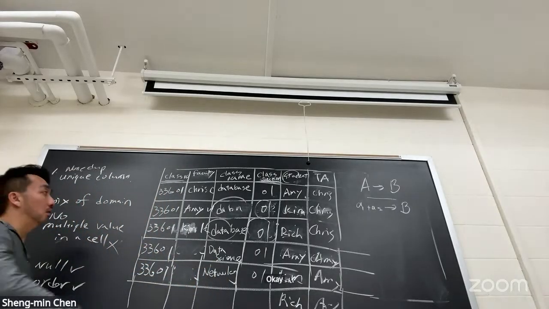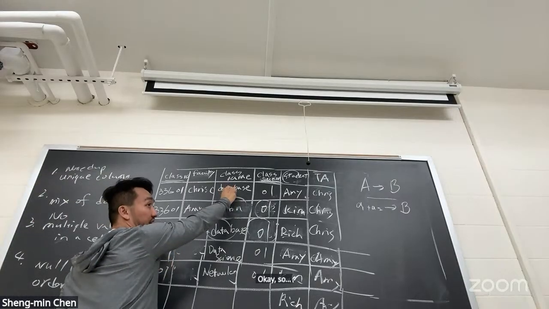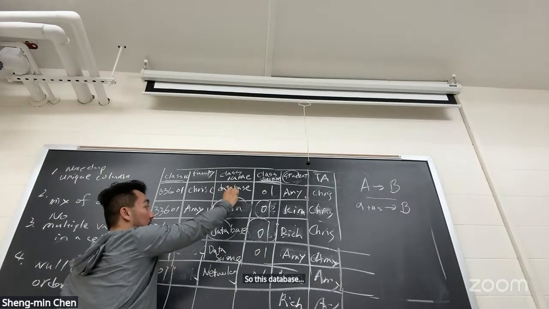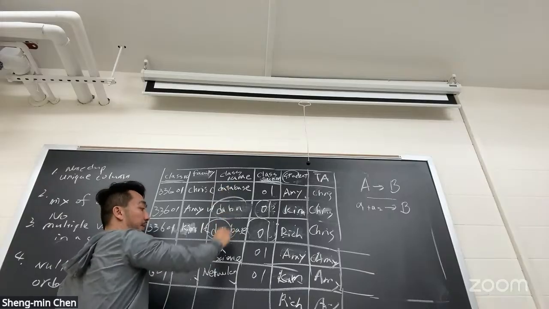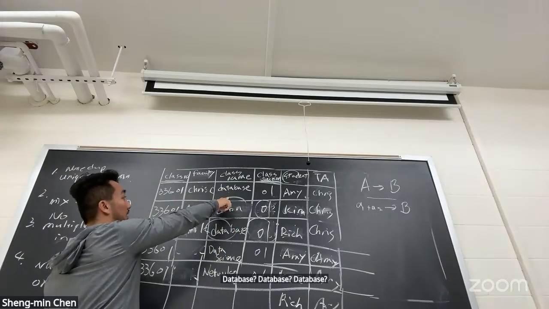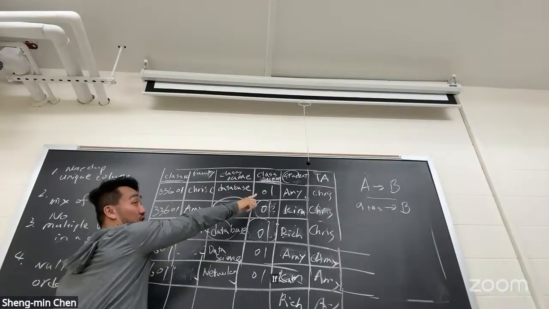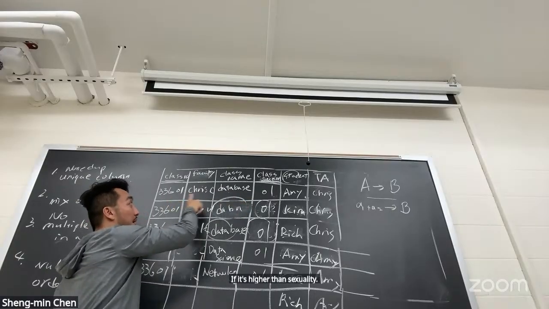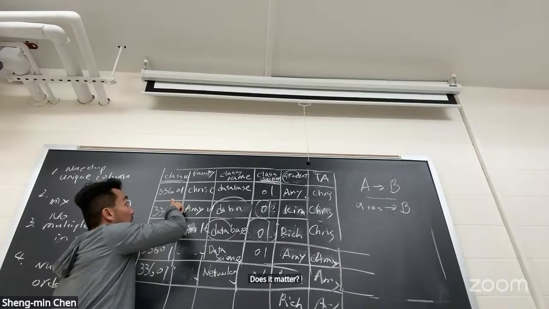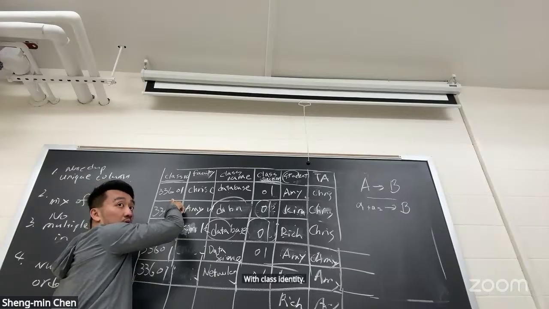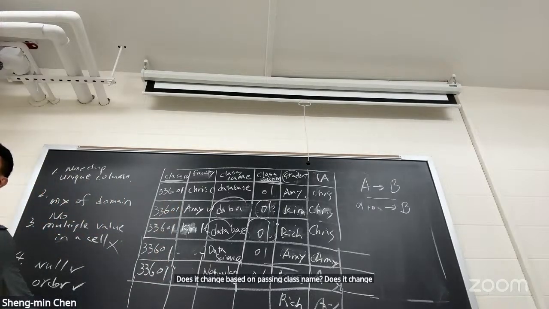Okay, so if it's class and sections, does the database matter with class ID? Does it change based on class ID? Class name, does it change based on class ID? It does. Does it change based on class section? It doesn't.